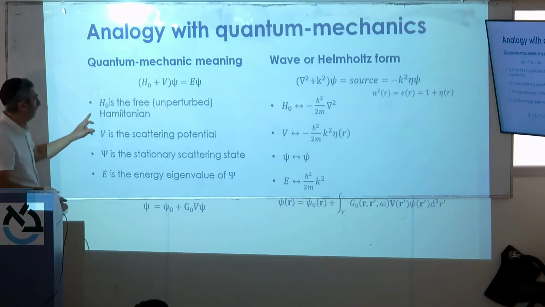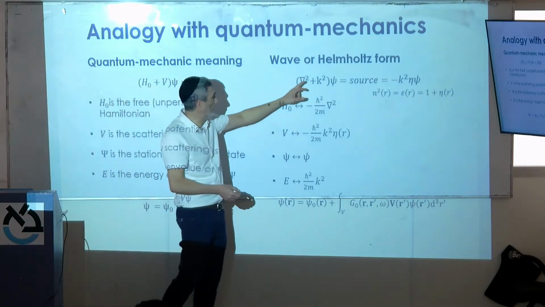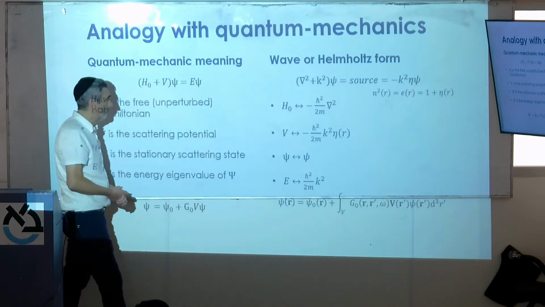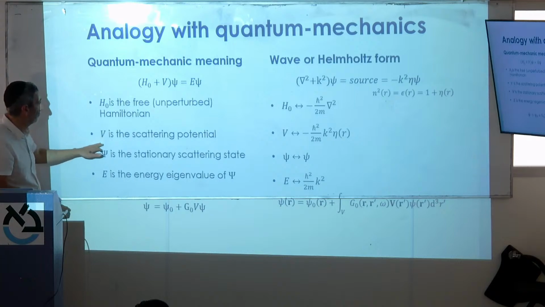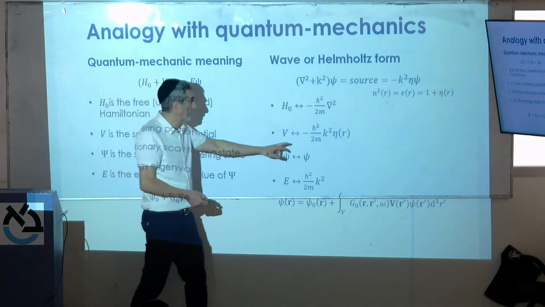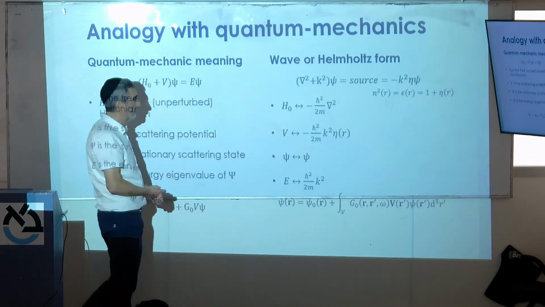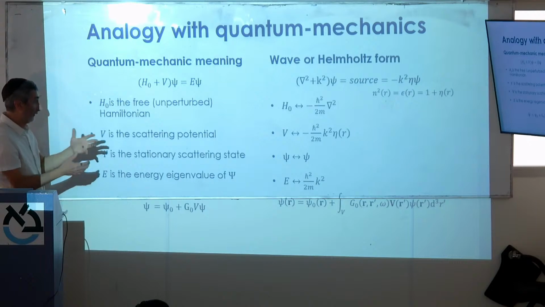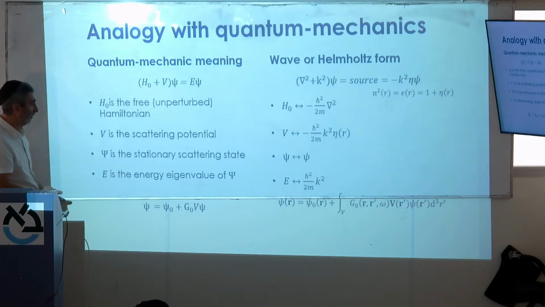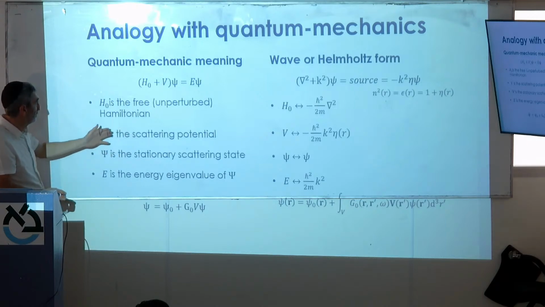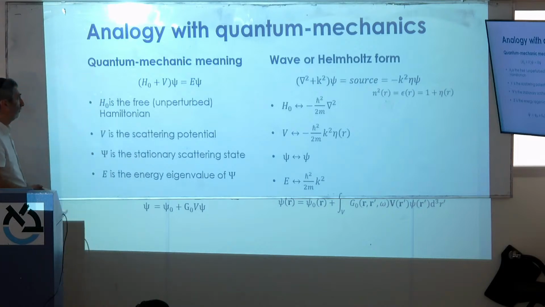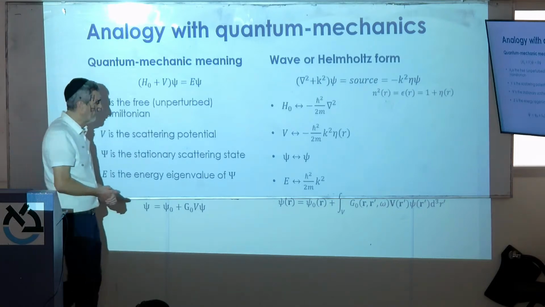So here the operator H0, the Hamiltonian, corresponds to the same as the operator, the Laplacian here. The scattering potential in that case is for us eta, k squared times eta. That's the effect of the scatterer. Psi is psi. The energy, defined here as the eigenvalue for psi, corresponds to k squared.